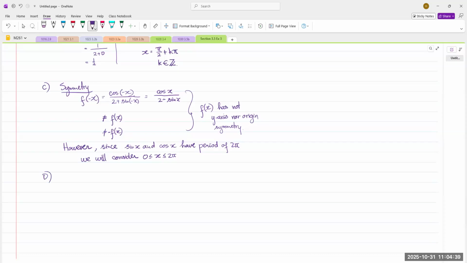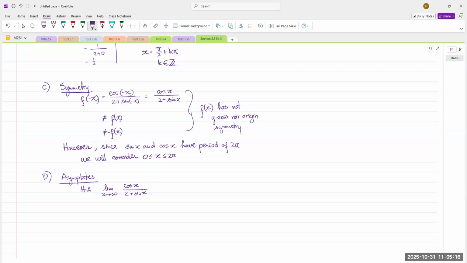Part D, asymptotes. Because the domain is from negative infinity to infinity, let's check horizontal asymptotes if we have any. I don't think so though. Limit as x approaches infinity. We don't have asymptotes because it is periodic. But let's try anyway: cosine x over 2 plus sine x.